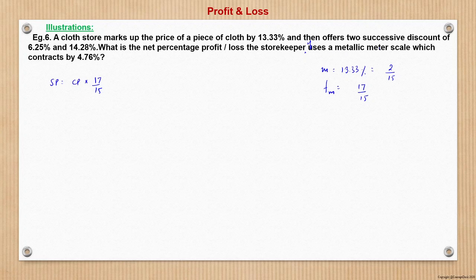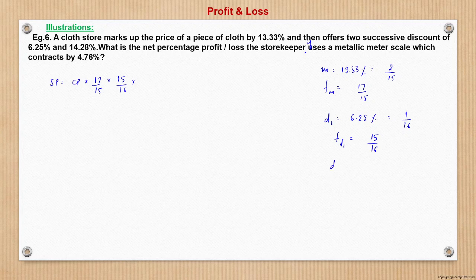Now second factor is two successive discounts. So discount 1 is 6.25%. 6.25 is 1 by 16. So multiplying factor for the first discount is 15 by 16. So this discount has a tendency to decrease the selling price. So this will be 15 upon 16.